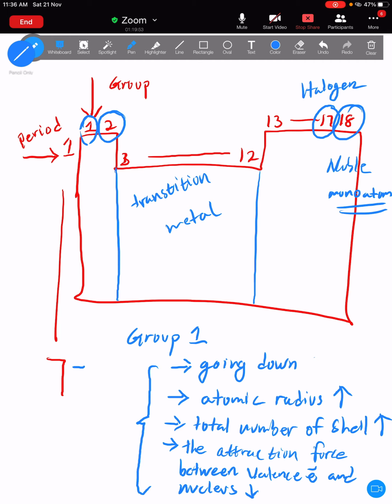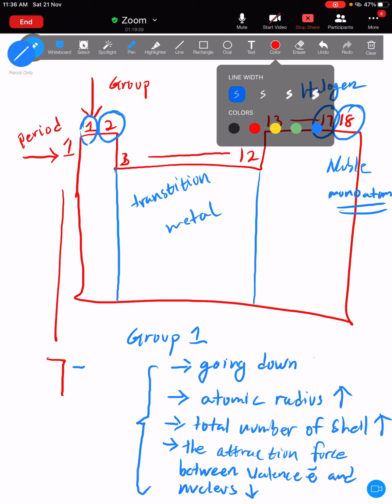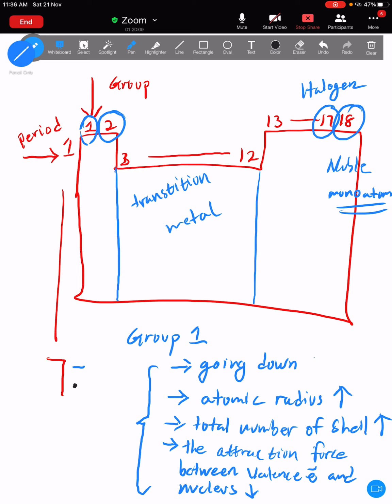So what is the conclusion you can make based on those statements? Tell me. Okay, you can say that. Very good. You can say therefore, the reactivity increases as going down the group.